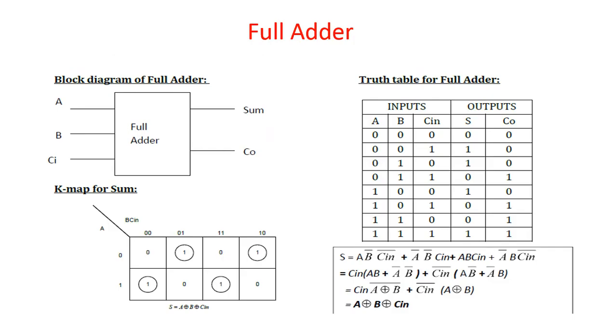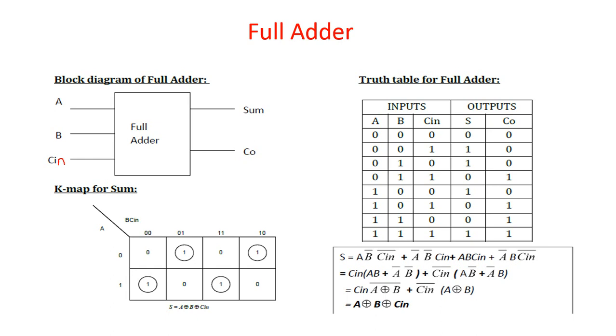The next one is full adder. This is the block diagram of the full adder circuit. There are three inputs, A, B, C in, and two outputs, one is sum and the other is carry out.